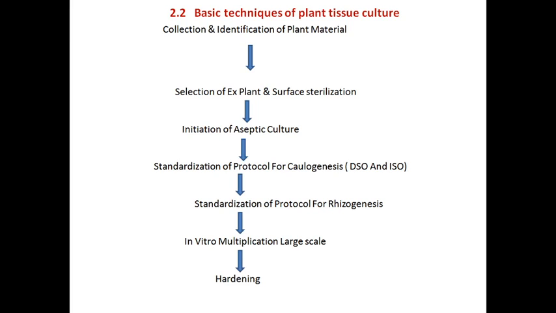Which auxin: like IAA, indole acetic acid, IBA, NAA, 2,4-D, which is used for callus formation and is also used for root induction.